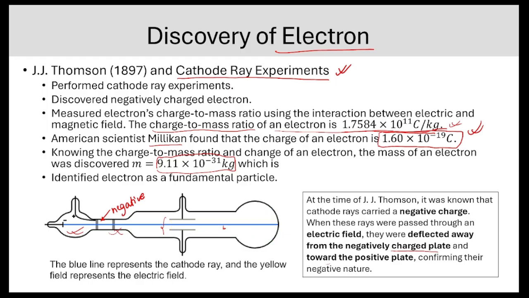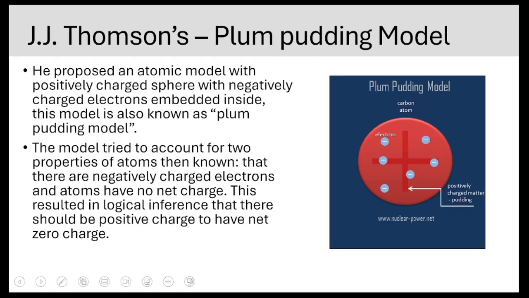And after the discovery of the electron, J.J. Thomson proposed a new atomic model, which was later known as the plum pudding model. He proposed an atomic model with a positively charged sphere with negatively charged electrons embedded inside.